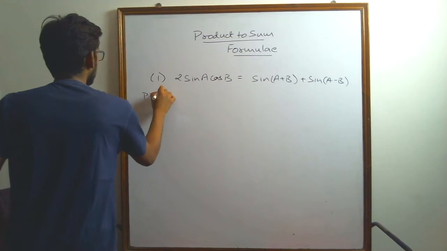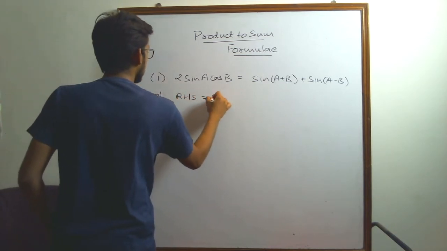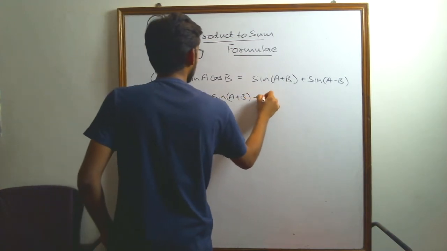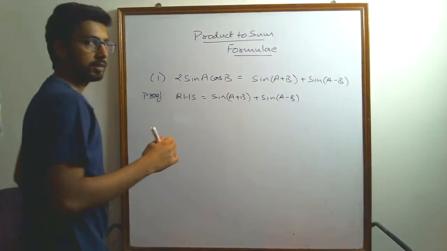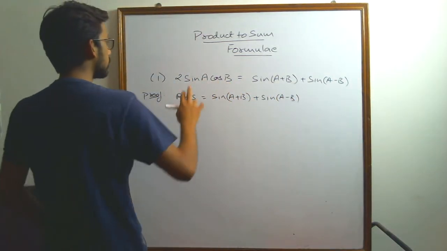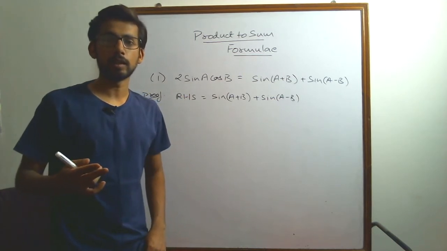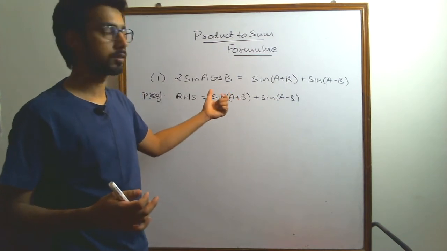So for the proof, we'll be proceeding from the RHS, which is sine A plus B plus sine A minus B. Now you need to know that this formula is an identity. That means it is valid for any value of the variables that are involved in this identity, that is A and B. So for any angle this is true.